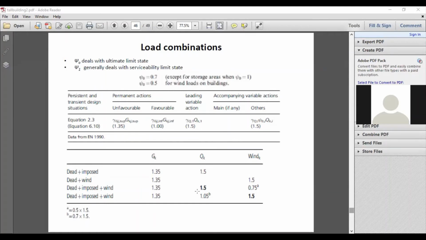On the other hand, when the cyclone is hit, there is a chance that the building is not fully loaded with the imposed loads. So that's the other possibility that can occur. So we have to consider all these different possibilities, and that is all based on the probability that all the maximum loads cannot act simultaneously. So that's the basis.